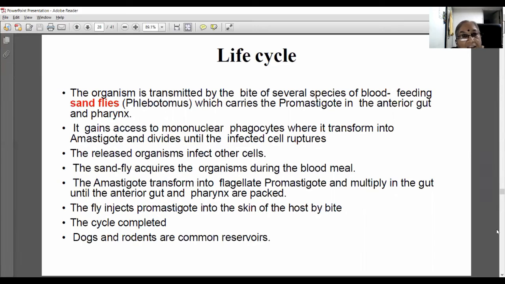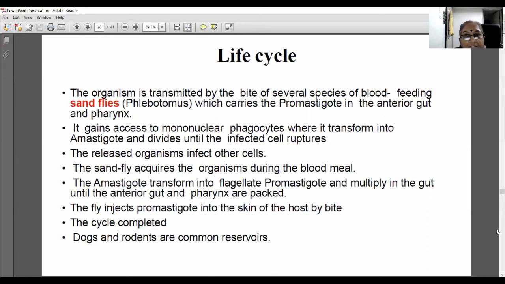When this infected sandfly bites the human being, through that bite wound it transmits its promastigote form into the human being.